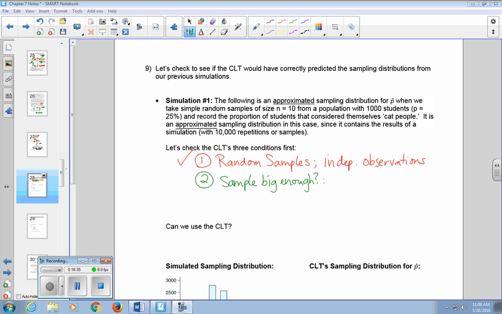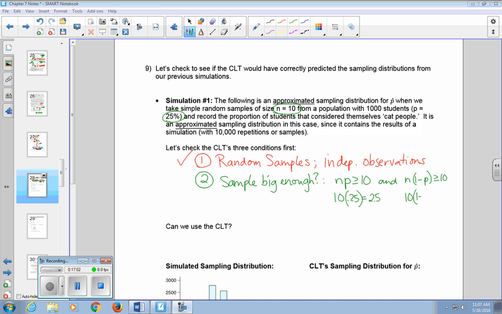So we're going to check that with those 2 calculations. We need to do n times p, see if it's bigger than or equal to 10, and n times 1 minus p, and see if it's bigger than or equal to 10. So in this case, we have a sample size of 10. And we had 25% that said they were cat people, so I need to put that in decimal form. Note that I don't get an answer above 10.